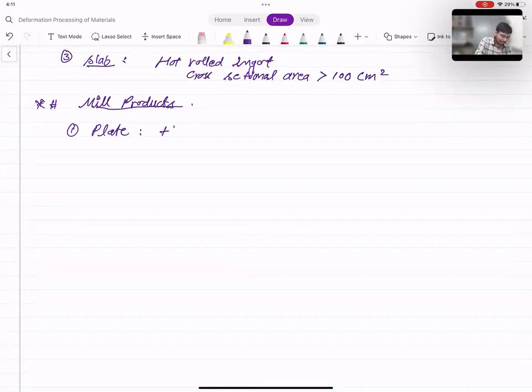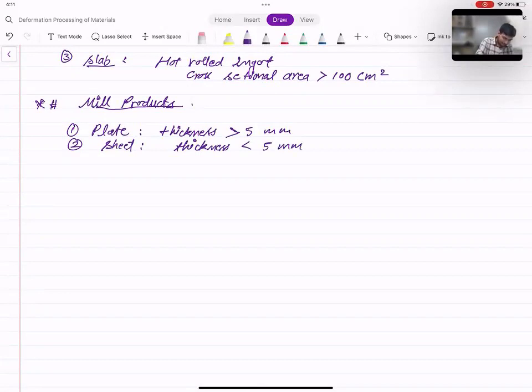Plate has a thickness which is greater than 5 mm. The next one is sheet. Sheet has a thickness less than 5 mm, but its width is greater than 600 mm.